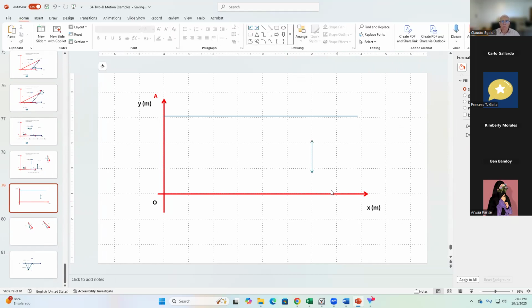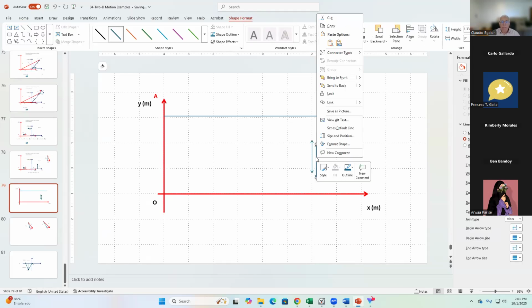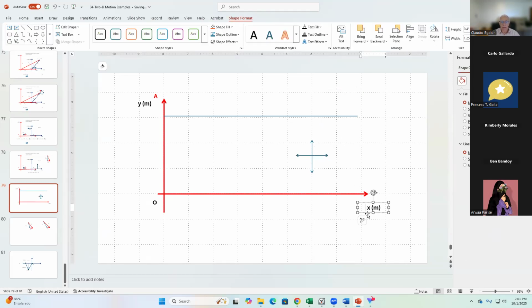North, south. I'm going to rotate it 90 degrees, good. Now we're going to have east-west. Here's the northern direction.